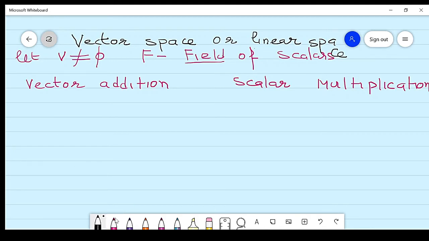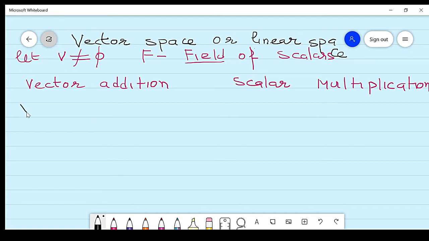So what is vector addition? By this binary composition we mean a rule for associating with each pair of elements x and y in V an element x plus y, called the sum of x and y.